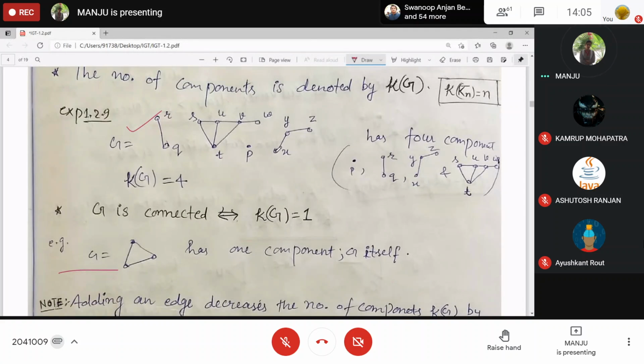How many components does G have? Four. And if G is connected, how many components can it have? One. And if the number of components is 1, can you say G is connected, and how?